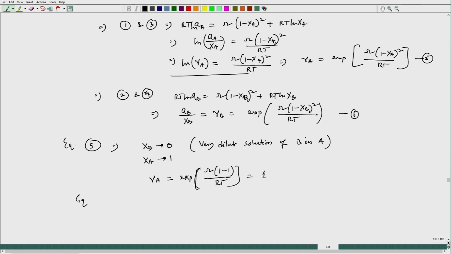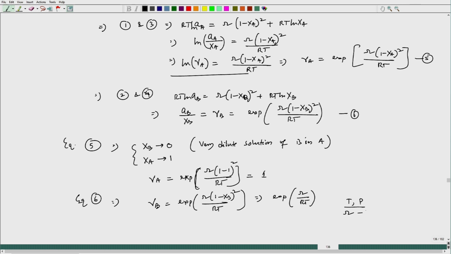But if I take equation 6, with the same consideration, γB equals exponential of ω(1 − XB)² divided by RT. Of course, there is a square term. That should be equal to exponential of ω by RT. Now, at a particular temperature and pressure, ω is a constant, and R and T both are constant.